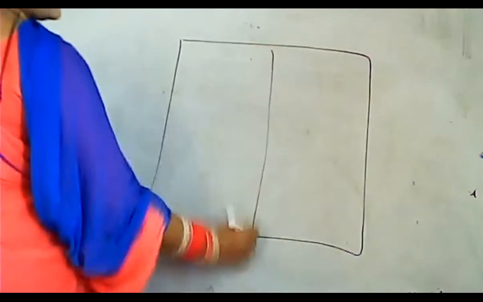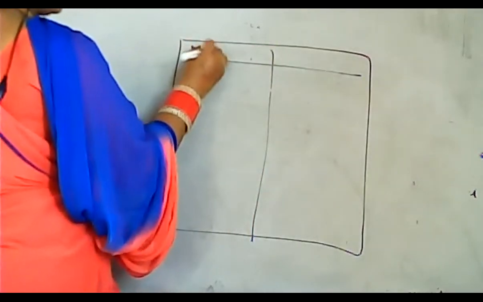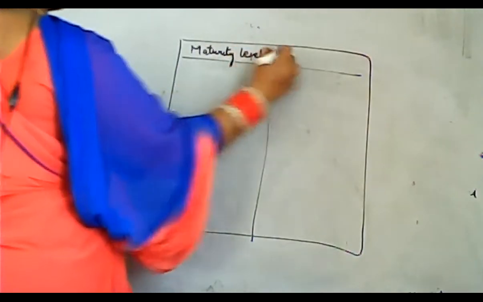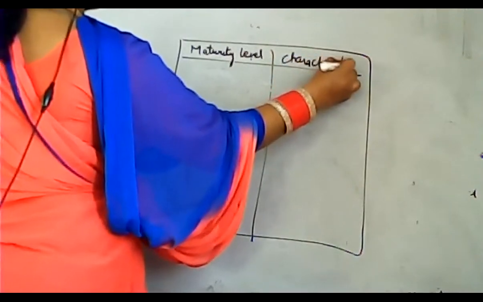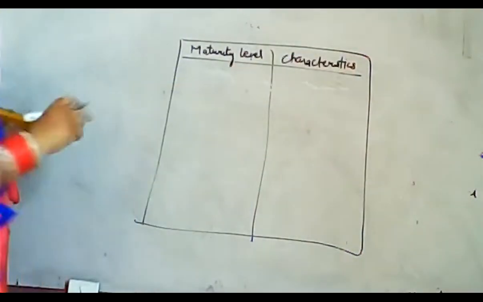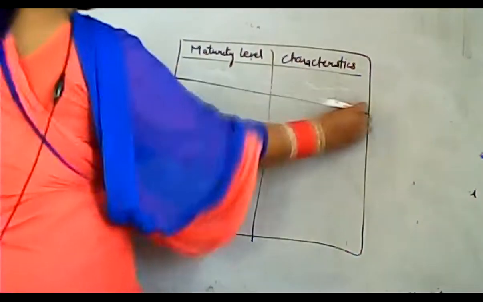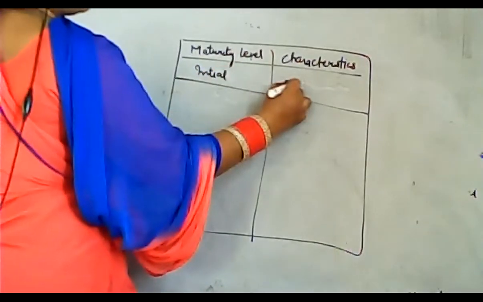This is the maturity level and the characteristics. First is initial. Initial is basically for ad hoc processes.